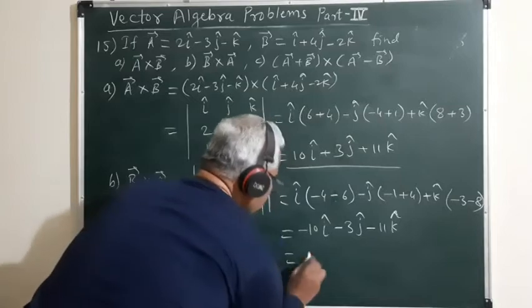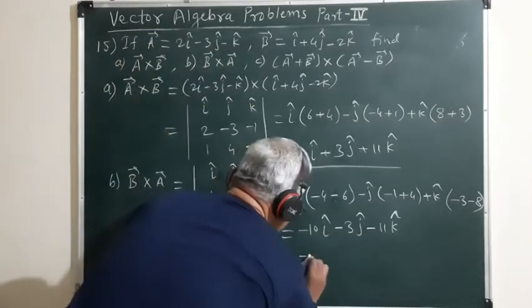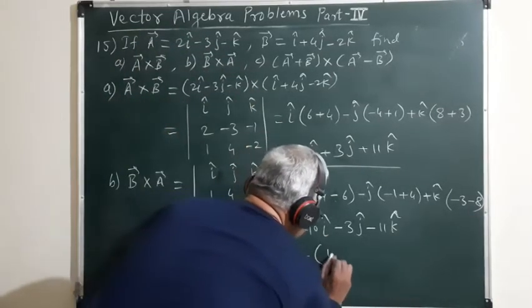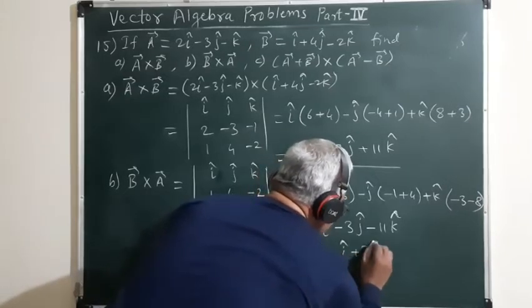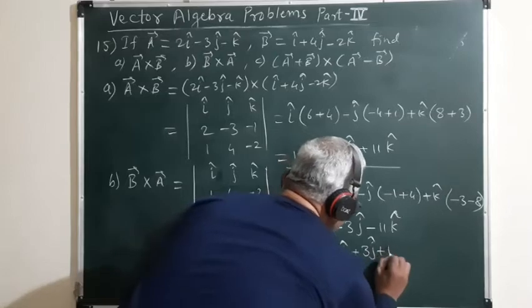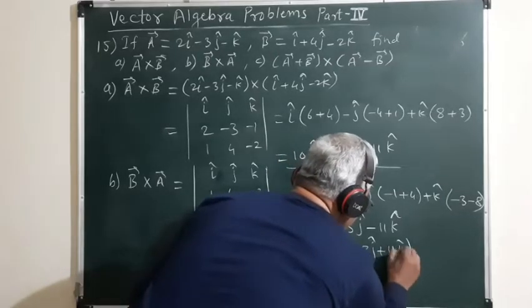So if we take the minus sign common, we can express it as minus into bracket 10 i cap plus 3 j cap plus 11 k cap.